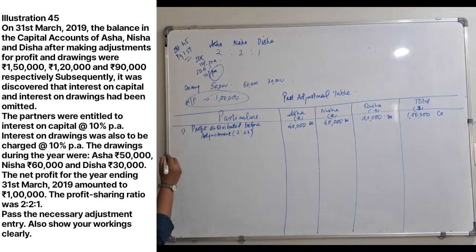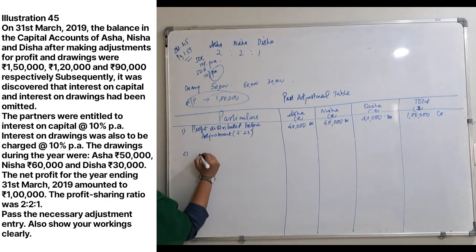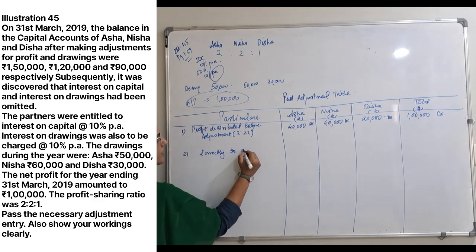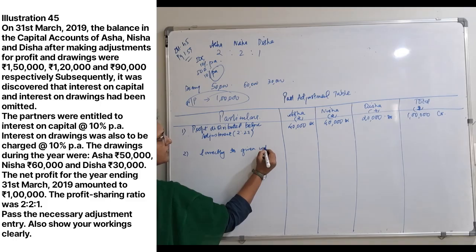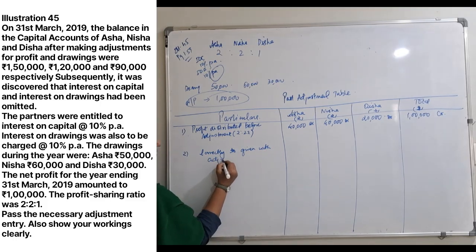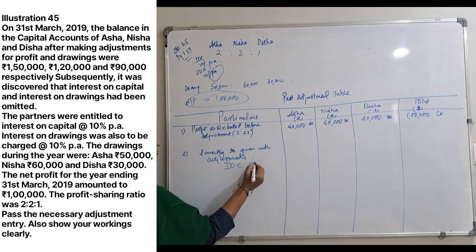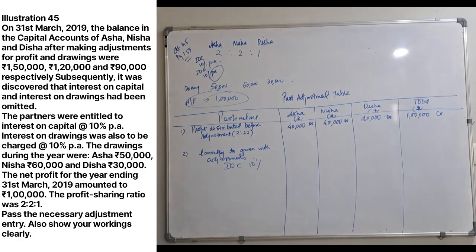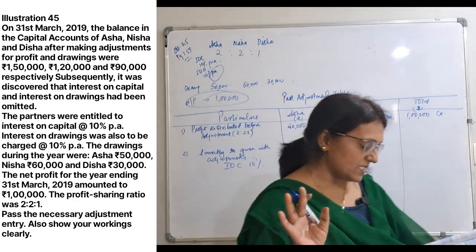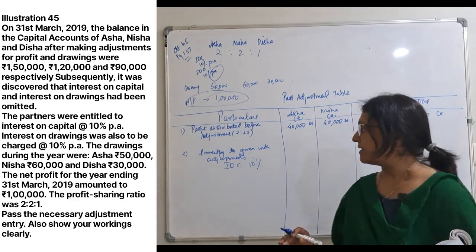Now what is correctly to be given with adjustments? First is IOC, 10% to each partner. How much is the interest on capital we had seen? It is 16,000, 14,000 and 10,000.